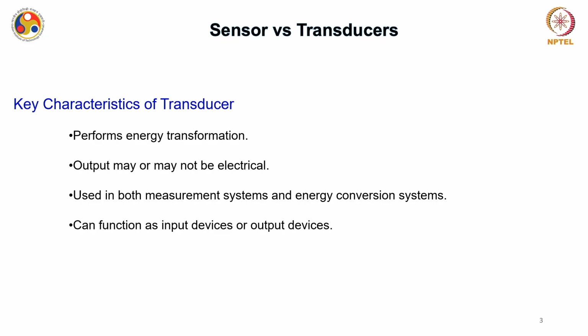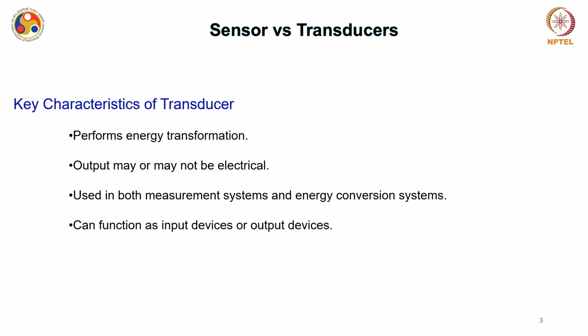If we see the key characteristics of a transducer, they perform energy transformation, one form of energy to another, that we have just seen. The output can be non-electrical, but as I have told, the exception is the sensor, which is also a kind of transducer.